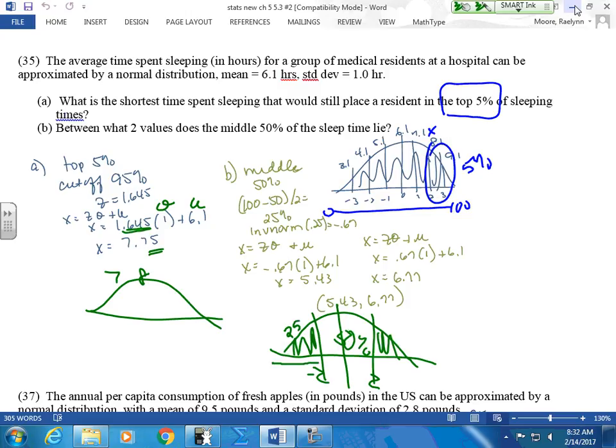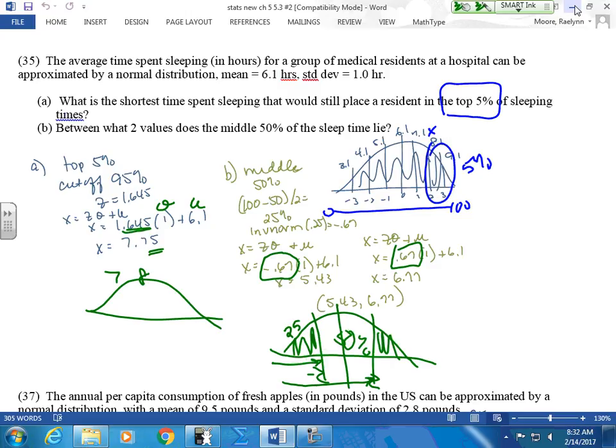I need to know my z-score up to 25. Then I need to know my z-score up to 75. But if I look up my 25, isn't my 75 the same thing but positive? So I look up my z-score, and I get a negative 0.67, so I know my other boundary is positive 0.67. It's symmetric. 50% has to be equal distance in the middle.